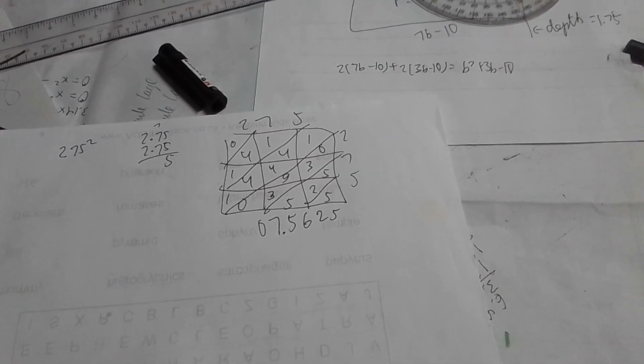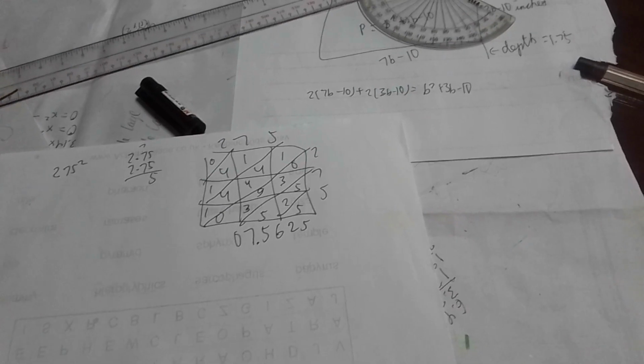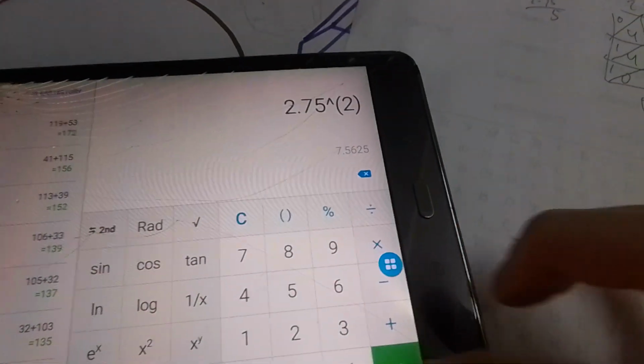To double check with the calculator, let's verify if our answer is true. Did we get it right? Did we get the answer right? 2.75 squared is equivalent to 7.5625. Let's see. Yes, we got it right.